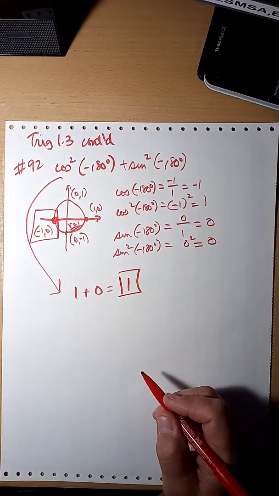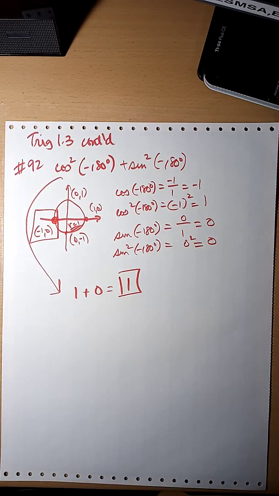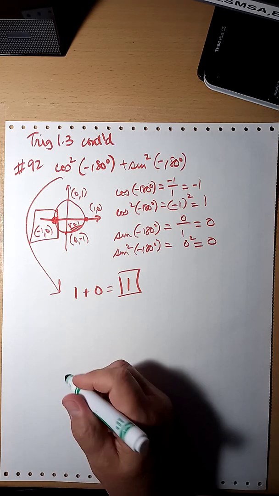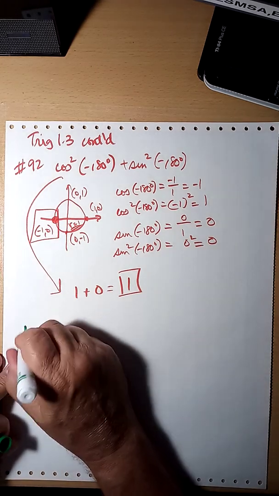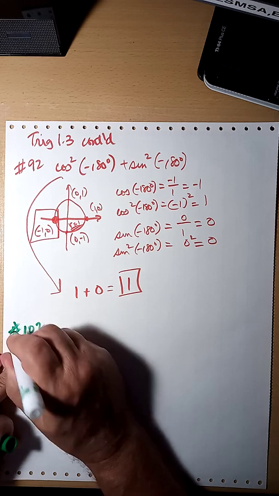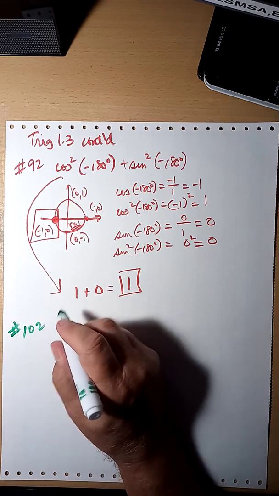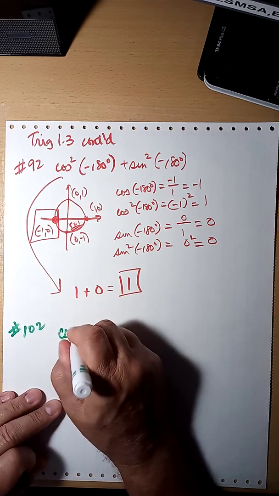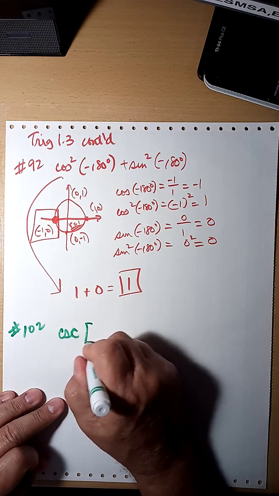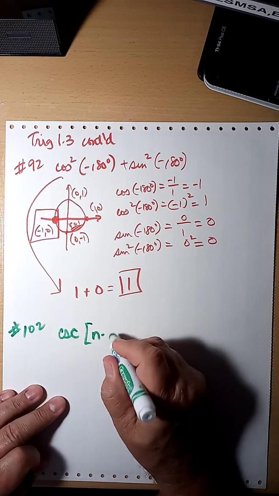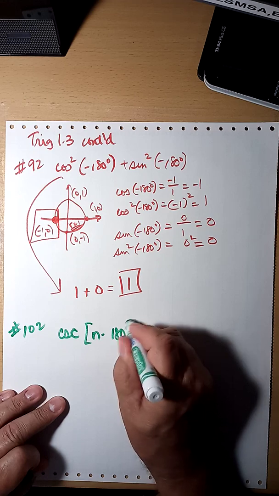Number 92. For our last one in this section, number 102. We're given this cosecant of n times 180 degrees.